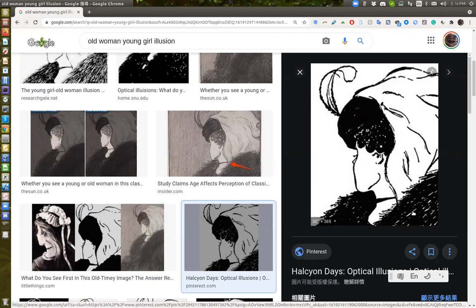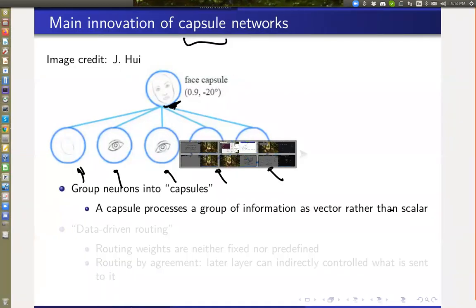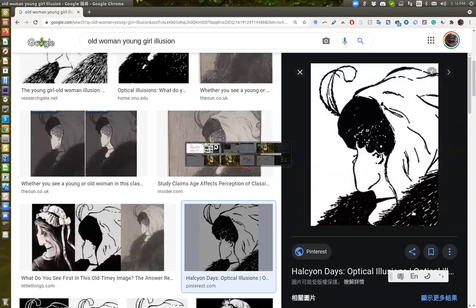You can either see a girl, where you see the ear here, and she's turning her face and looking that way. Or you may see an old lady, with a nose here, an eyelid here, her eye here, and her mouth here, and so forth.